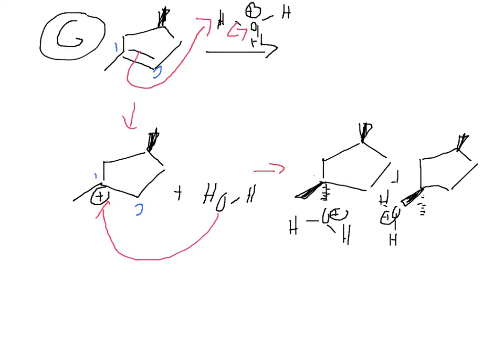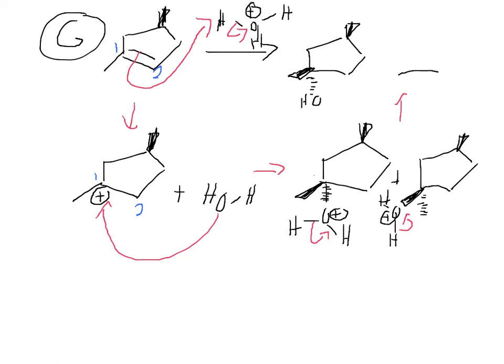Now the interesting part here is, what is the relationship between these two things? Right, so if we lose the H in both, the two final products we get are alcohols, but their relationship, they're not enantiomers to each other.